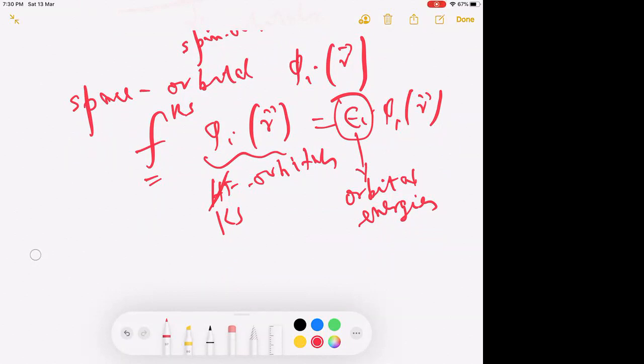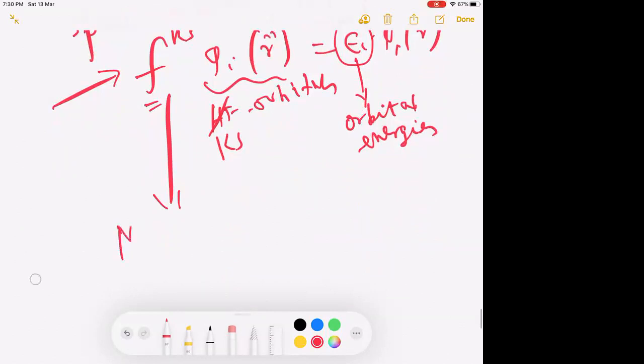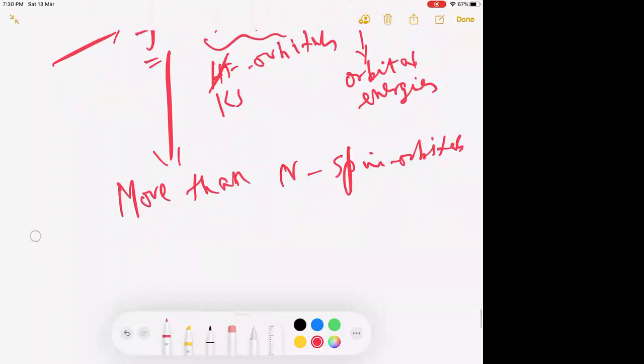Although you don't need more than n spin orbitals, from this equation, you can get more than n spin orbitals. So this equation will give you more than n spin orbitals. That's in the nature of the mathematics. But we don't need more than n spin orbitals.